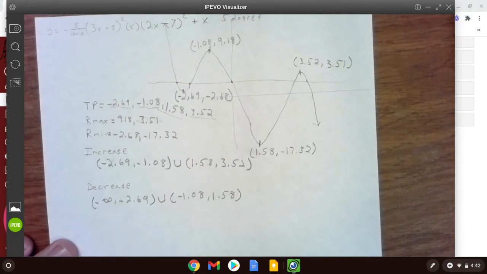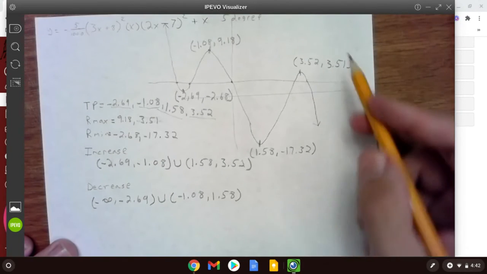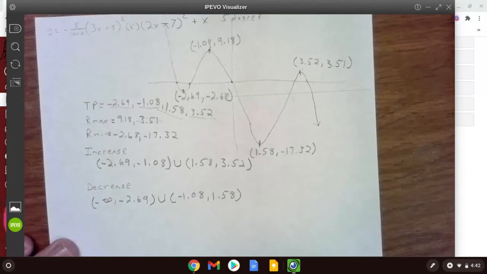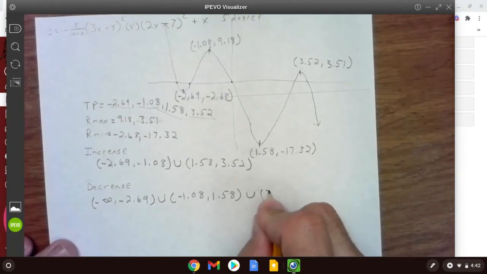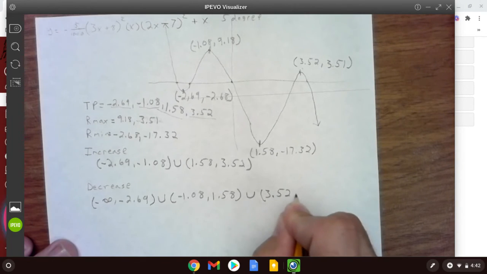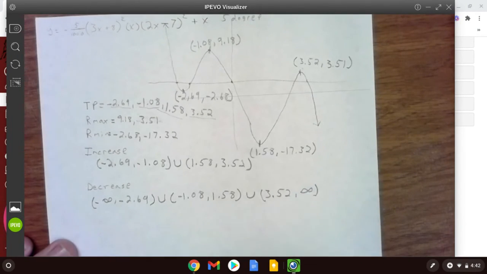And then from 3.52 on to infinity, as it goes further out to the right, this thing is going downhill. So it's also decreasing from 3.52 to infinity.